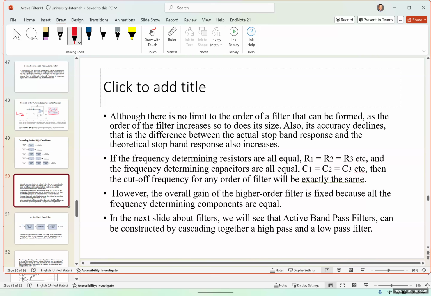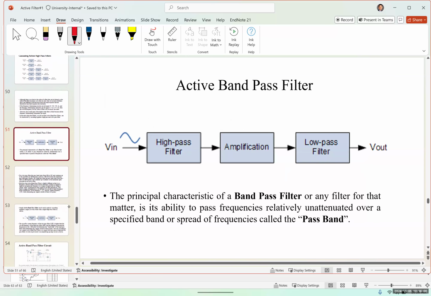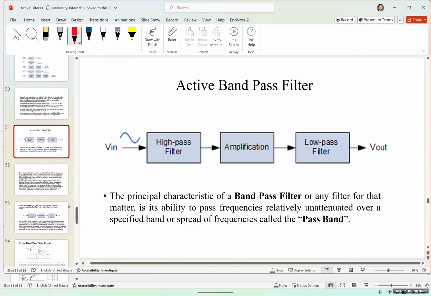In the next slide about filters, we will see that active bandpass filters can be constructed by cascading together a high pass filter and a low pass filter. So an active bandpass filter, as I mentioned before, is a combination of a high pass filter and a low pass filter. If we want a passive bandpass filter, we don't need the amplification.